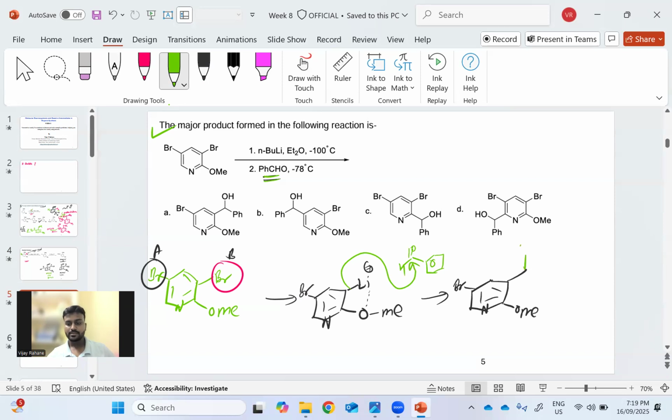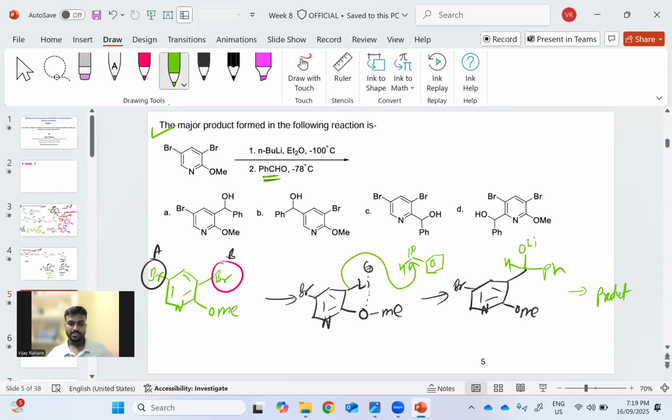So we get here OLi, then the proton will remain as it is, and here there will be a phenyl ring. I will write it in the short form. Then obviously upon workup, OLi will be converted into OH, right?